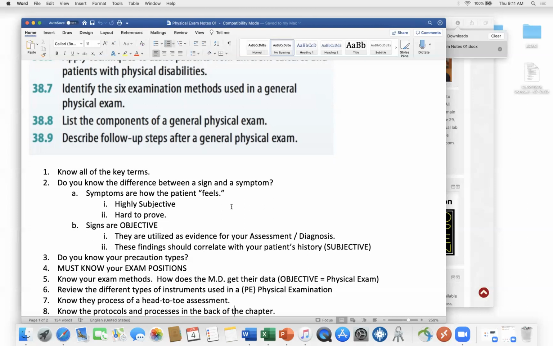Another reason for the history is a common test question on your CCMA or RMA exams. They sometimes ask, what is the purpose of taking a history? Now, of course, beyond the obvious reasons, the official legal reason why we write everything down is because we want to prove continuity of care.